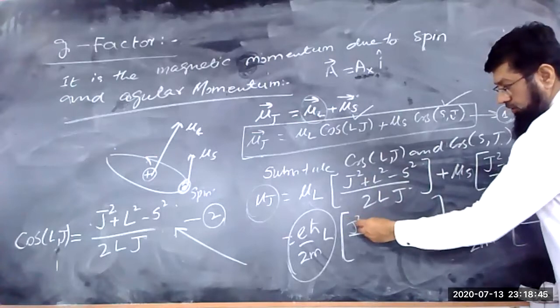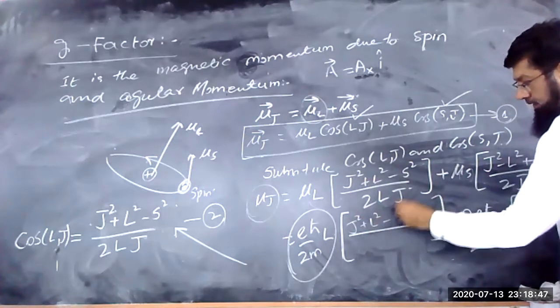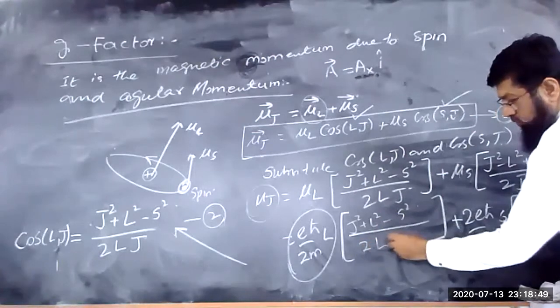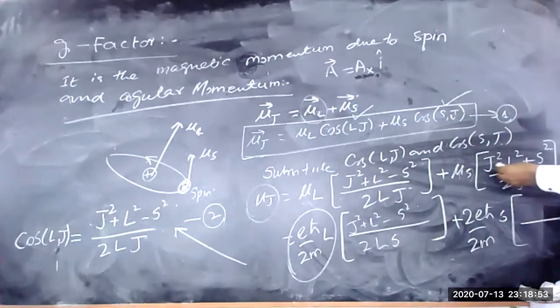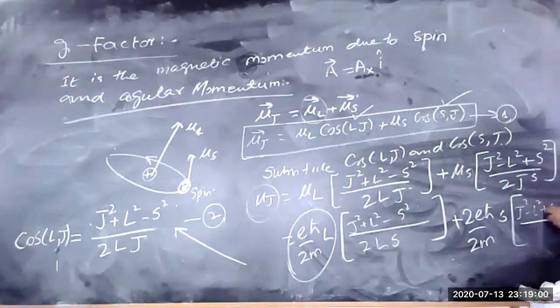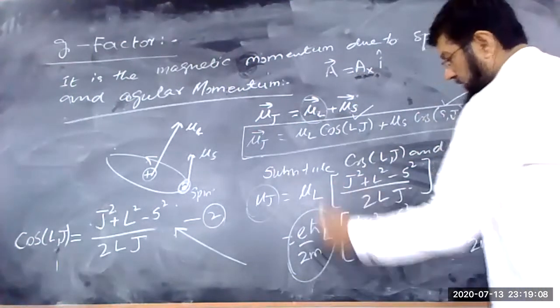This is equal to J square plus L square minus S square upon 2LS. Similarly here, J square minus L square plus S square into 2J into S. As a result, we now have to simplify this equation.